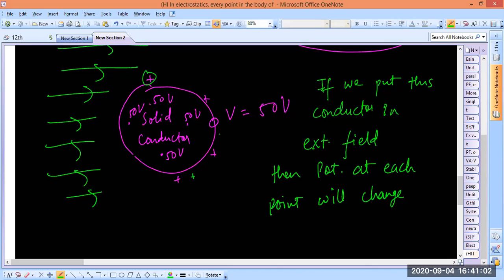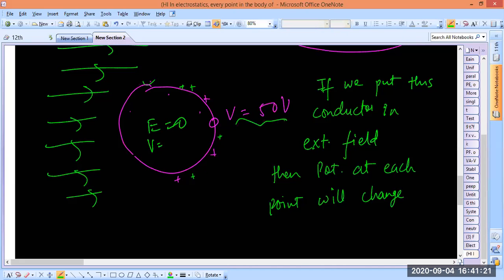I hope you understand what I'm saying. And finally in electrostatics, when everything is in equilibrium, the electric field everywhere here will become zero, and the potential will become the same everywhere. But it will not be 50 anymore. It's possible that it has changed.